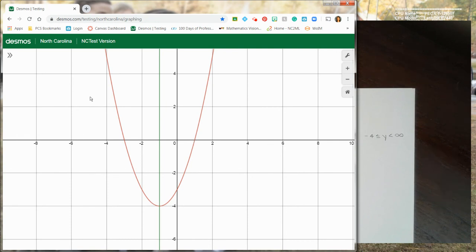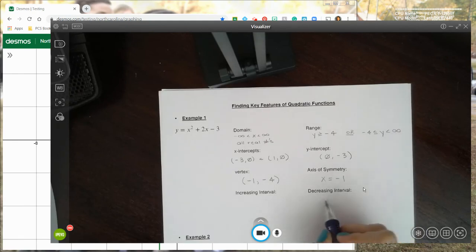So the first thing that's happening here as I move from left to right is my graph is going down, and it stops decreasing at the vertex. So for all of my x values that are less than -1, I'm decreasing.